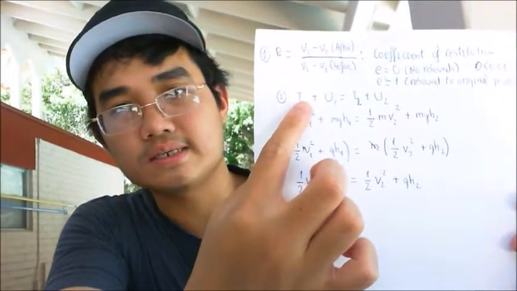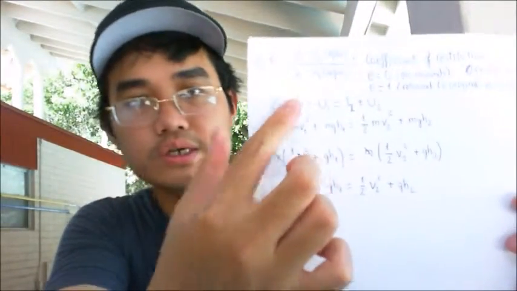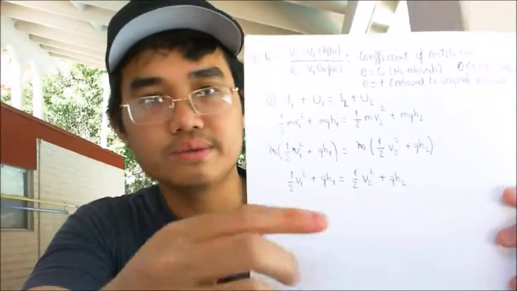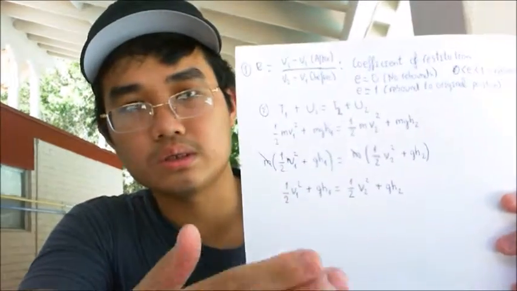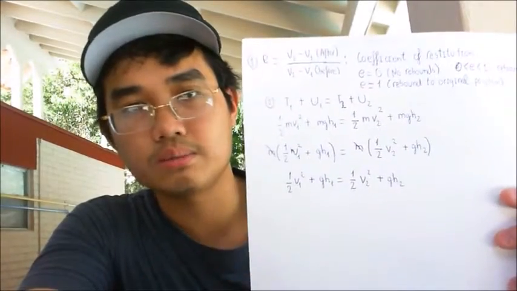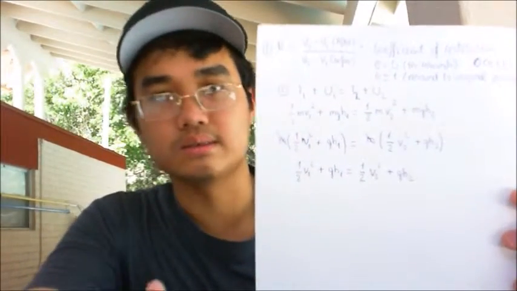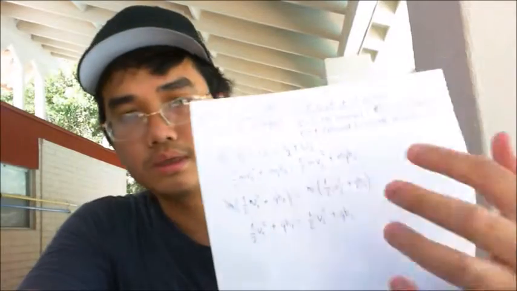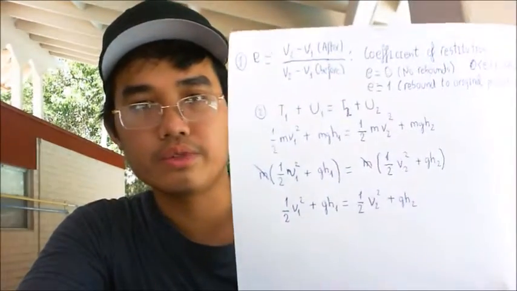So what does T stand for? It stands for kinetic energy, the energy when the object moves, and U stands for the potential energy when the object's not moving, when it stops and stands still. So that's all I need to share with you.